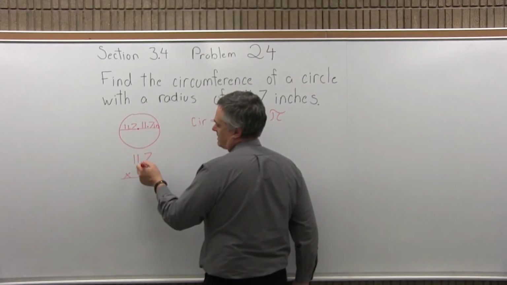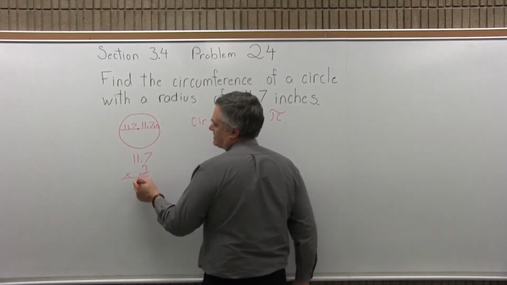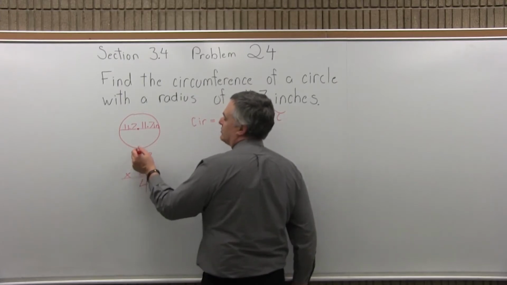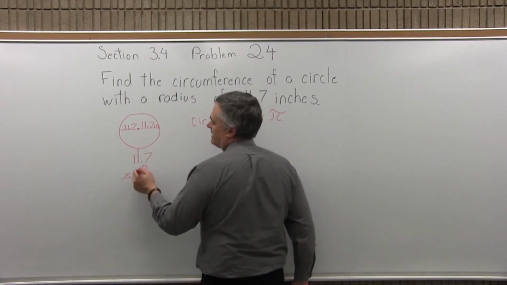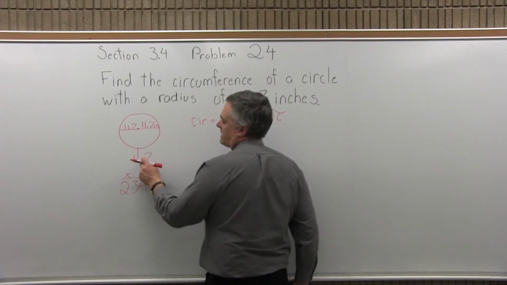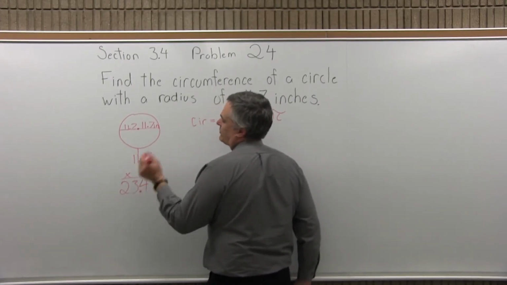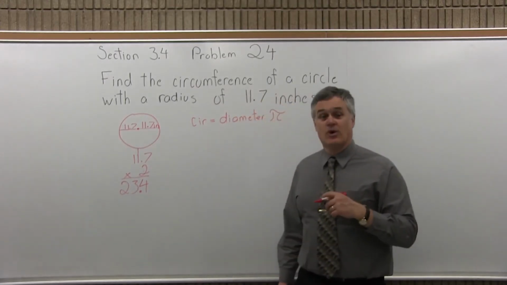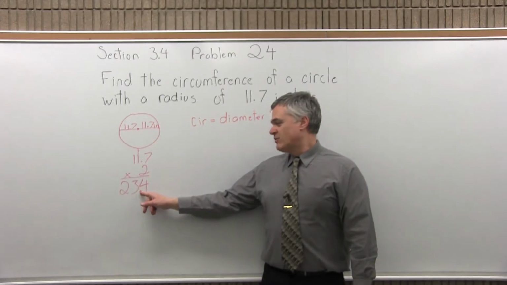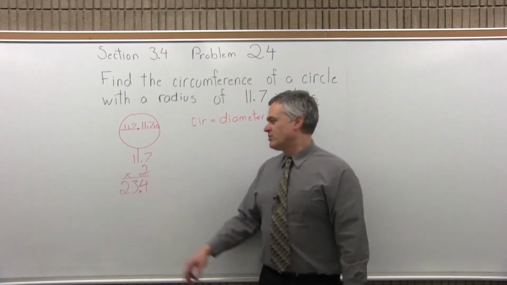It would give me the same answer. So 2 times 7 is 14. Write the 4, carry the 1. 2 times 1 is 2. 2 plus 1 more is 3. And then 2 times 1 is 2. So I have 234. But because of the decimal, it's not really 234. It's 23.4, right? Because I have one place after the decimal in my question, I have one place after the decimal in my answer, 23.4.